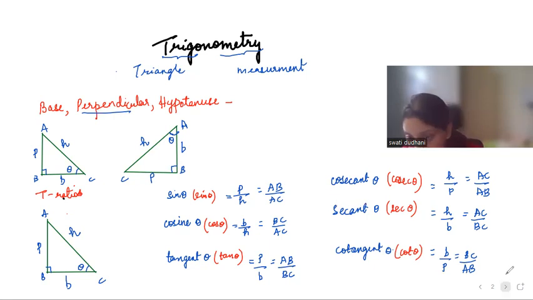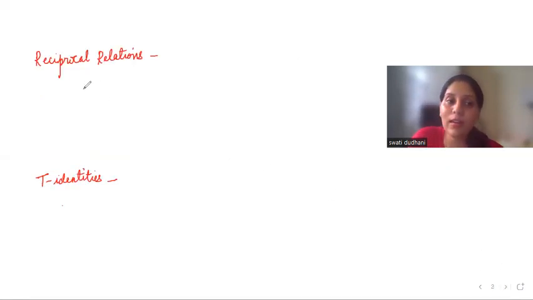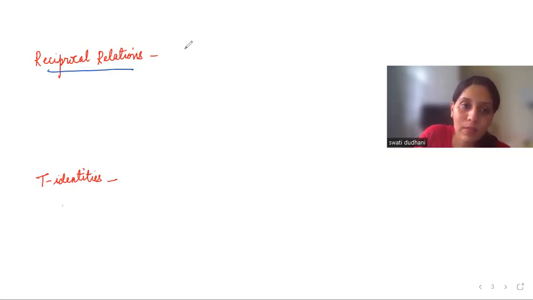Now, what are the reciprocal relations? Very, very important. Firstly, cosecant theta is equal to 1 by sine theta. So from this, sine theta into cosecant theta is 1.